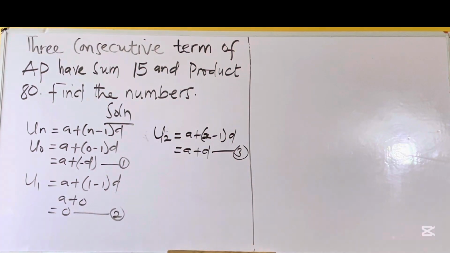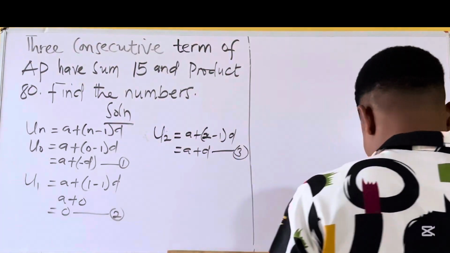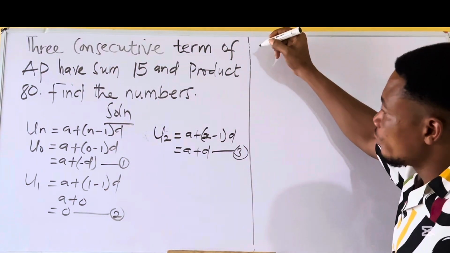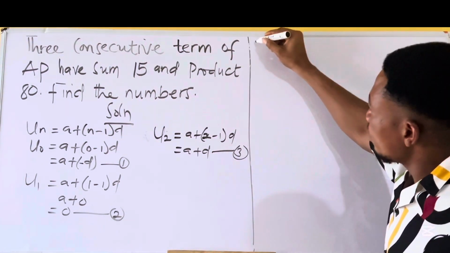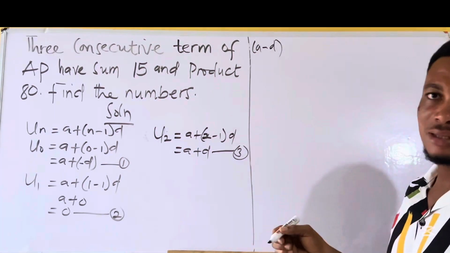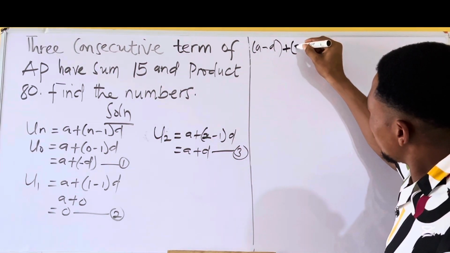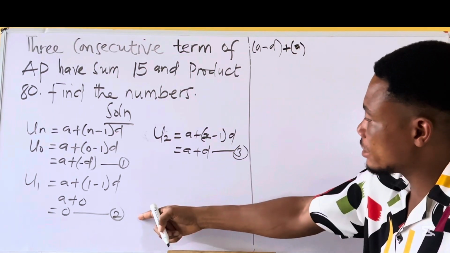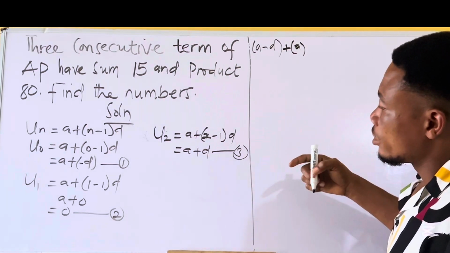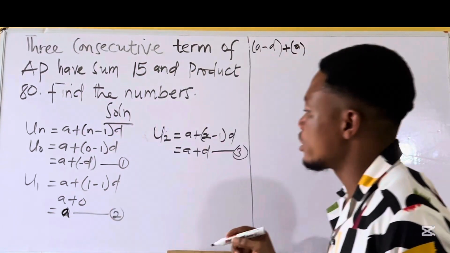Now they said the sum of these terms is 15. So let's add the 3 terms and see. We have a minus d as our first. We continue, we have a as our second. Sorry, it's not 0, this is a.